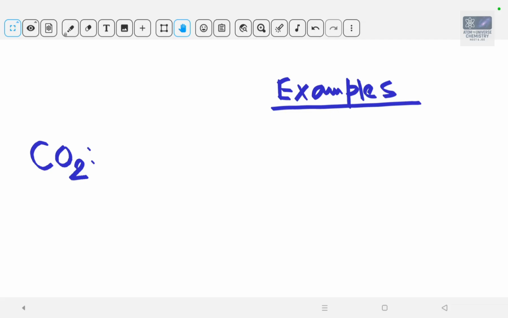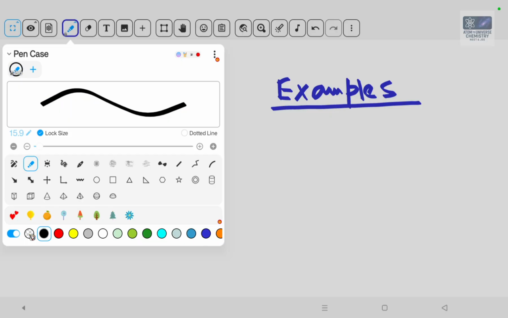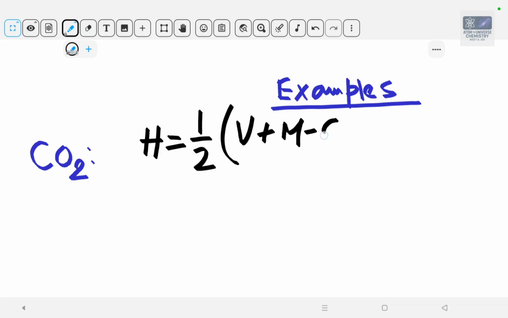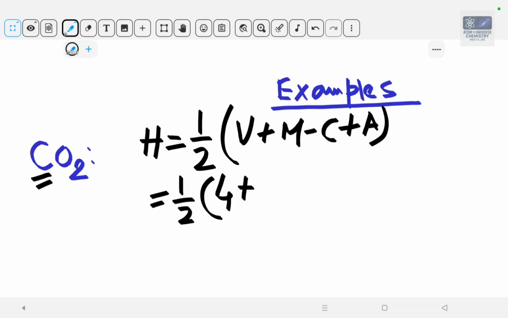Now come to the examples one by one. At first we can take CO2. Very simply we can put the formula H equals half of V plus M minus C plus A. Carbon has a total valence electron count of 4, so it is half of 4 plus M. There is no monovalent atom because the two oxygen atoms are divalent, so the value of M here will be 0.